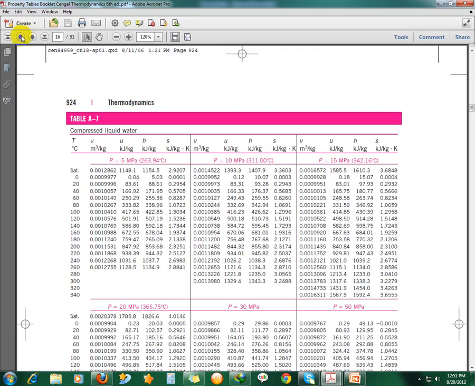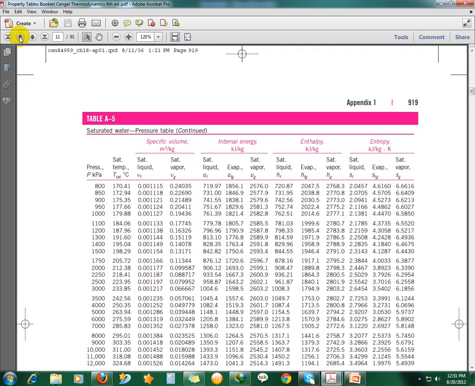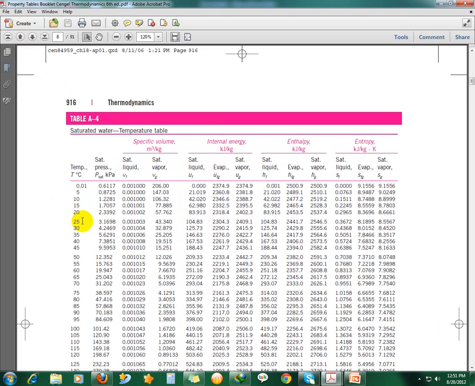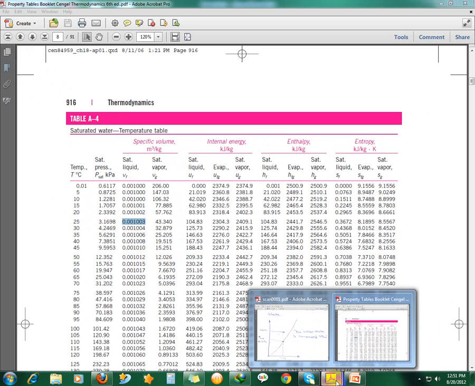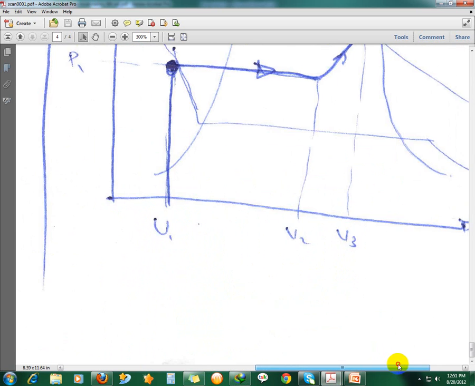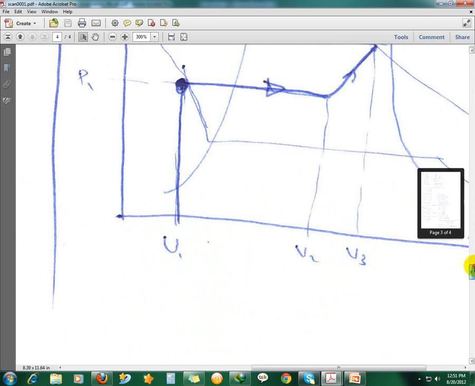So we use the mixture table at T equal to 25. Read the value of Vf, 0.001003, because there is no table for compressed liquid at the given properties. Then from the mixture table we can determine the initial specific volume.